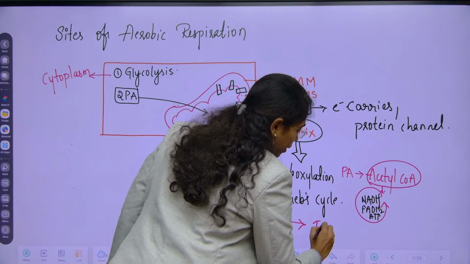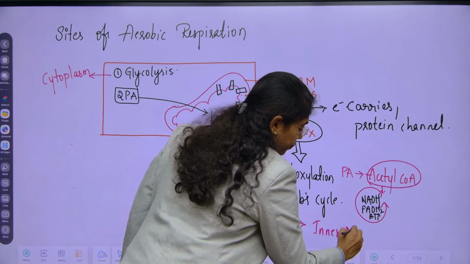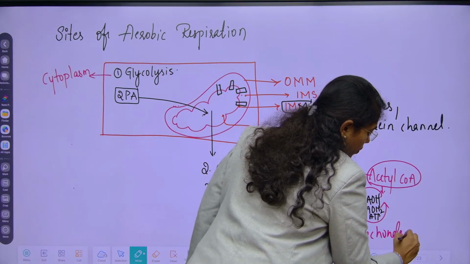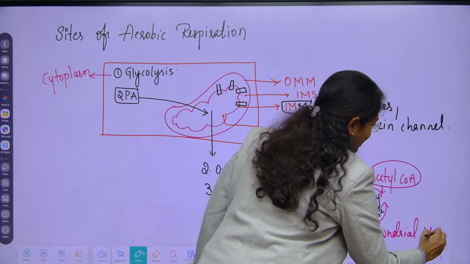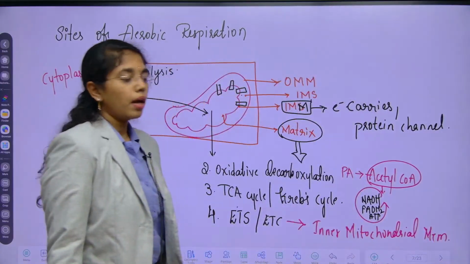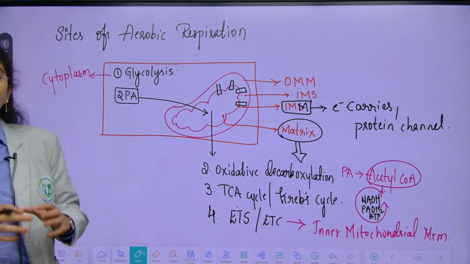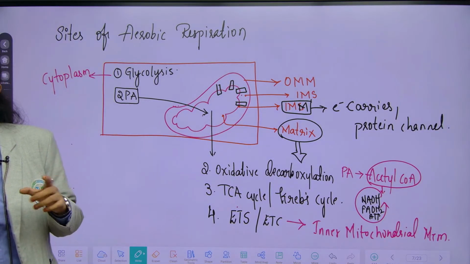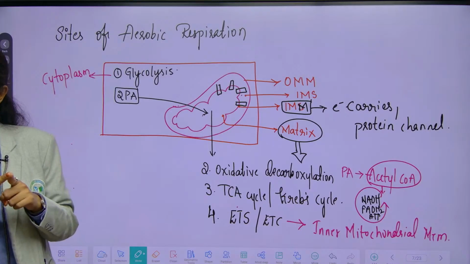In the inner mitochondrial membrane, or cristae also you can write it as. And cristae will also help in what? Increasing the surface area of the mitochondria, wherein all the reactions can happen freely.